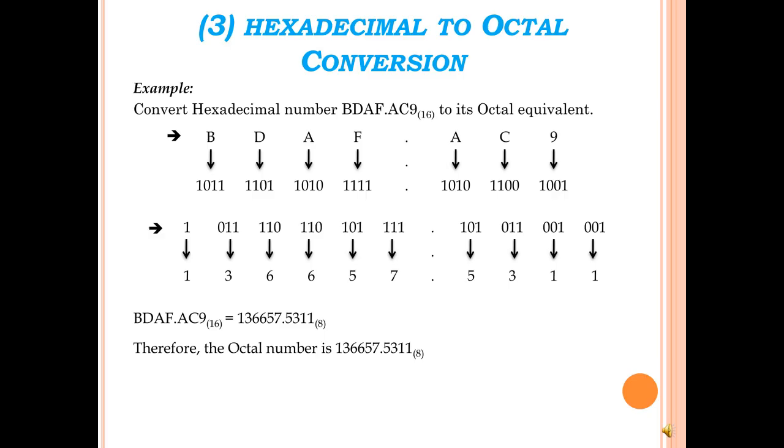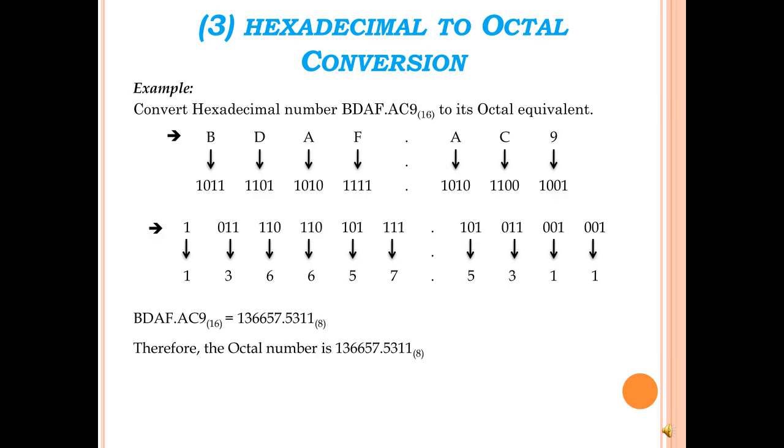After getting these binary octal values, we convert them to their actual octal valuations. So 1 denotes number 1, 011 denotes number 3, 110 denotes number 6, 110 denotes number 6 again, 101 denotes 5, 111 denotes number 7.